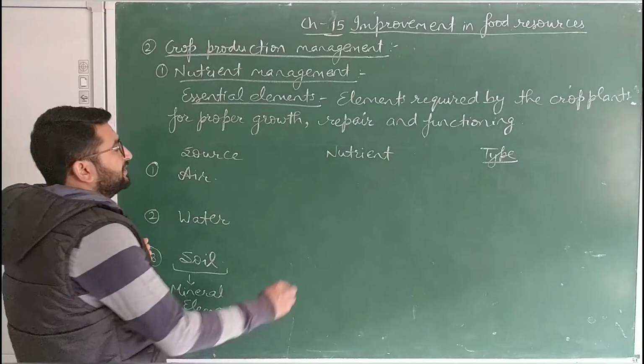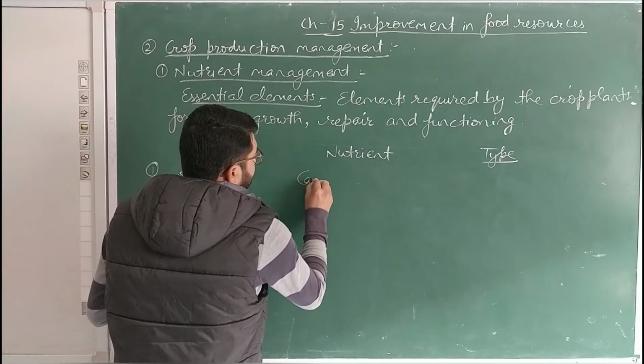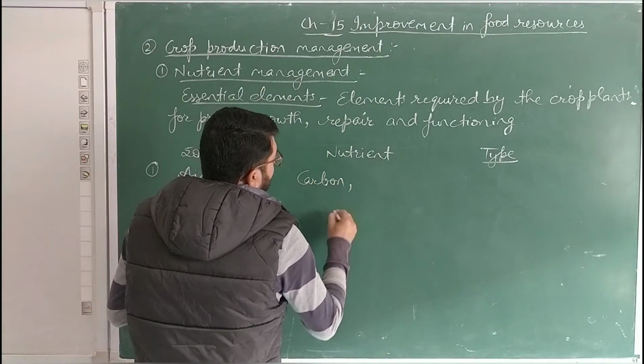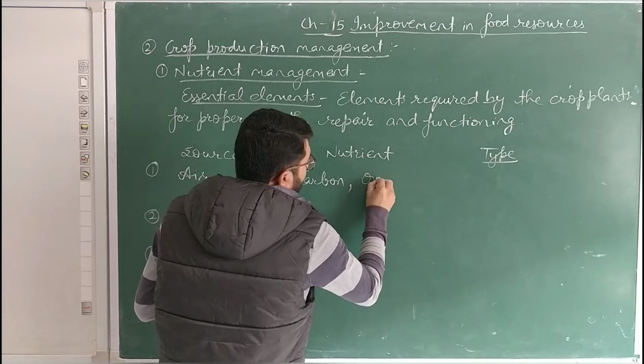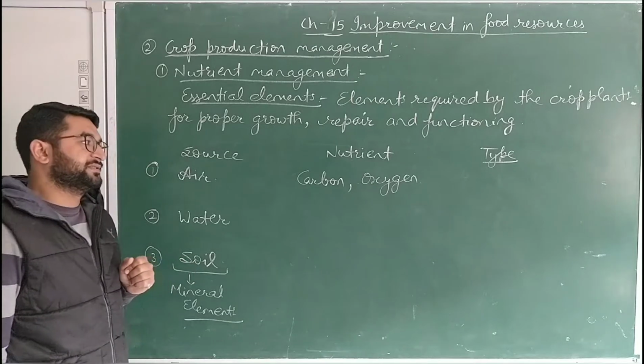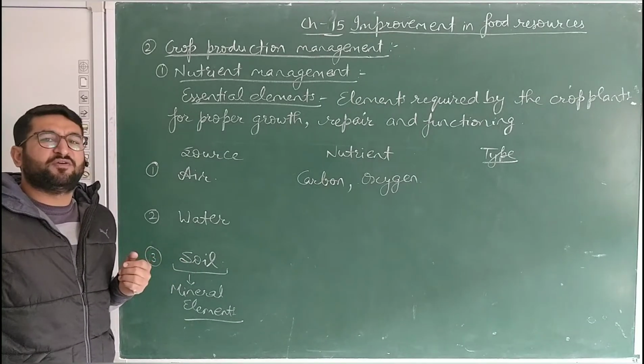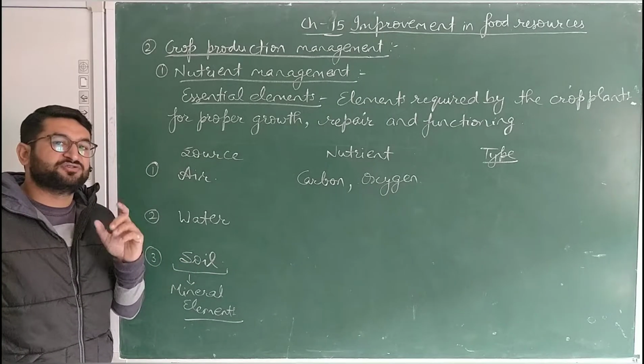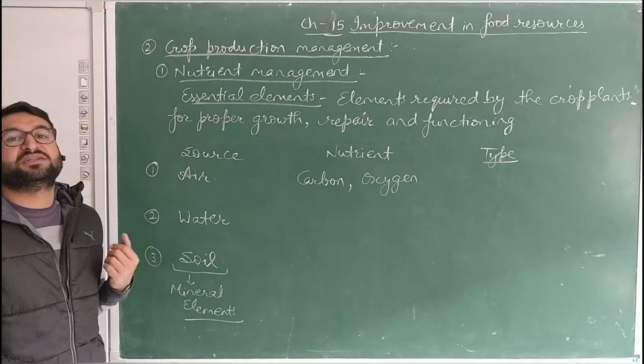From air, the plant will take carbon and oxygen in the form of CO2 and oxygen gas. During the day they perform photosynthesis and do not require oxygen, but during the night the crop plants will take oxygen.